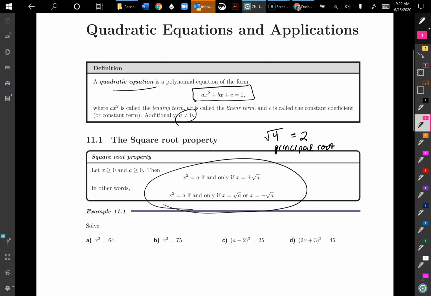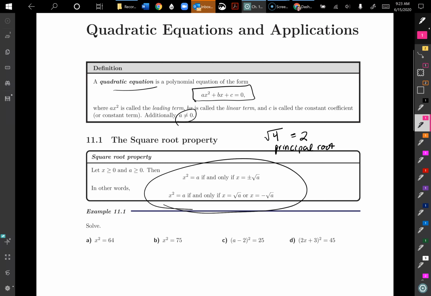So if I were looking at this and I wanted to get x by itself, I have to perform the inverse operation, just like if I'm adding something and I want to undo that operation, I would subtract. If I had like 3x equals 6, I would divide both sides by 3. I would do the inverse operation, right? So similarly here, the inverse operation to squaring is square rooting.